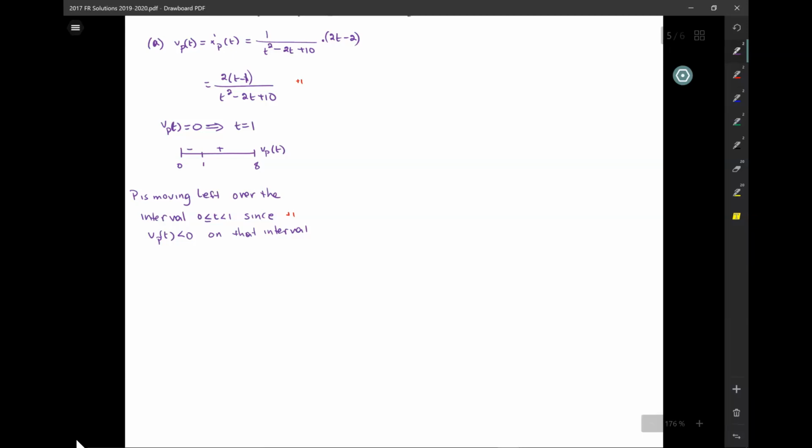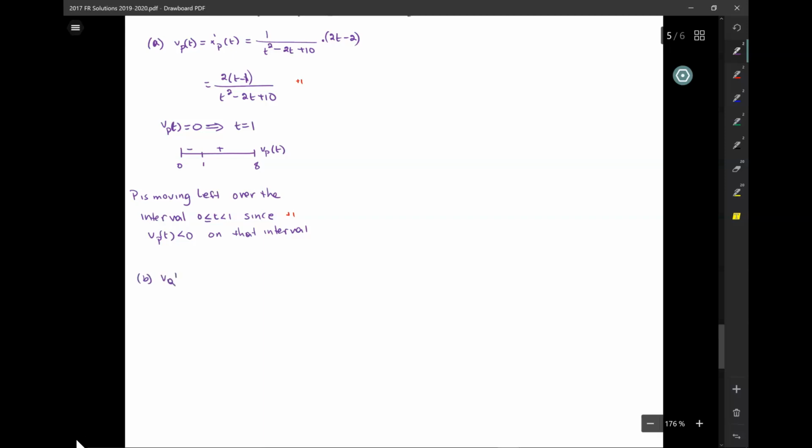Then B says, find all times t for which the two particles travel in the same direction. So you want Vp of t and Vq of t to have the same sign, right?